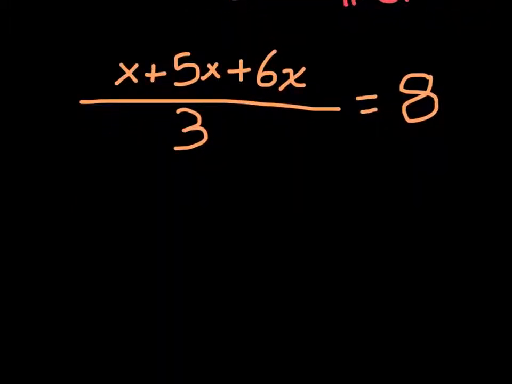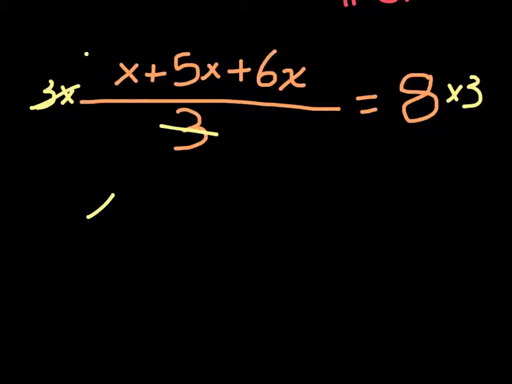Now what we do is we multiply both sides by 3. That way, we get rid of the 3 in the denominator, and the 3 goes on to the other side.